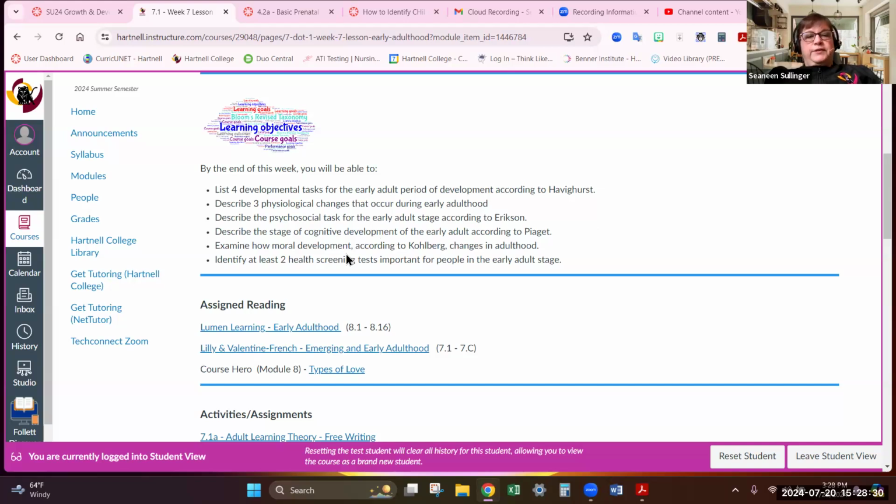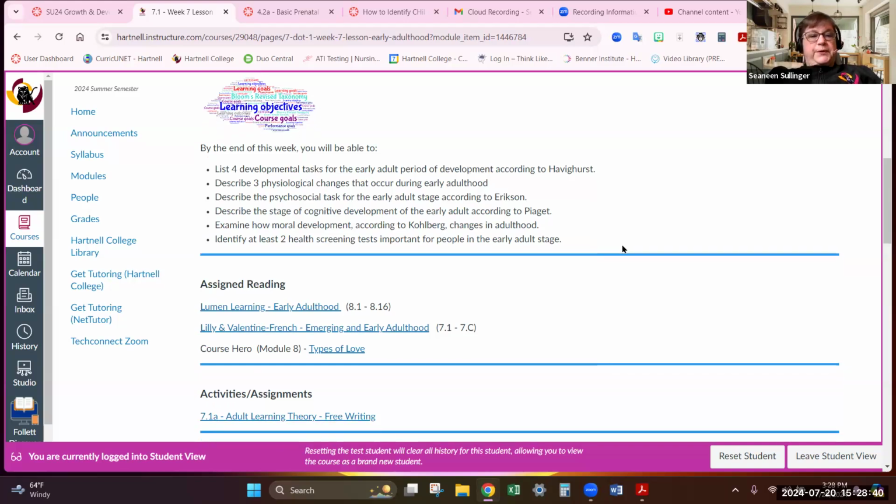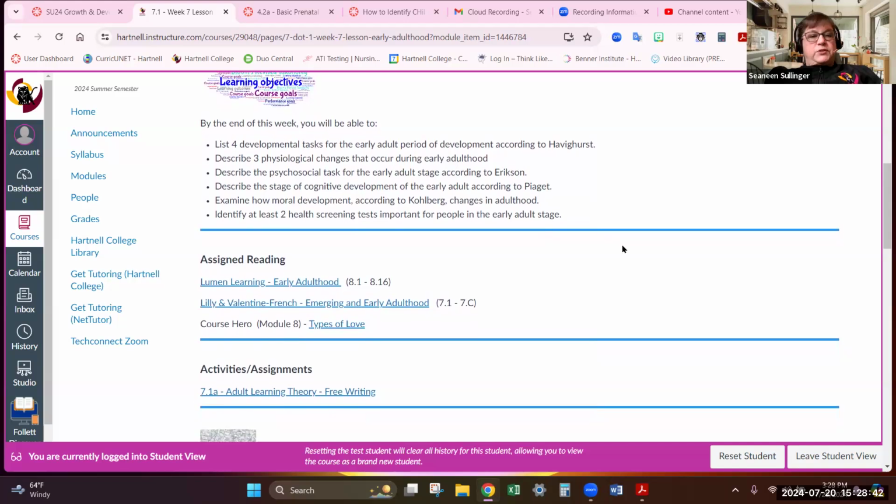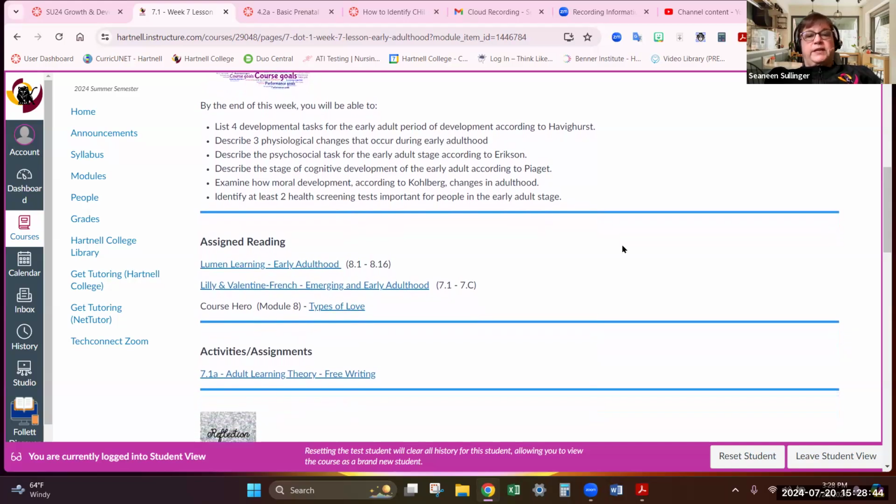Examine how moral development according to Kohlberg changes in adulthood. So we will probably still be at the conventional stage, but we will take a look at post-conventional as we move through here. And then 2 health screening tests important for people in the early adult stage.